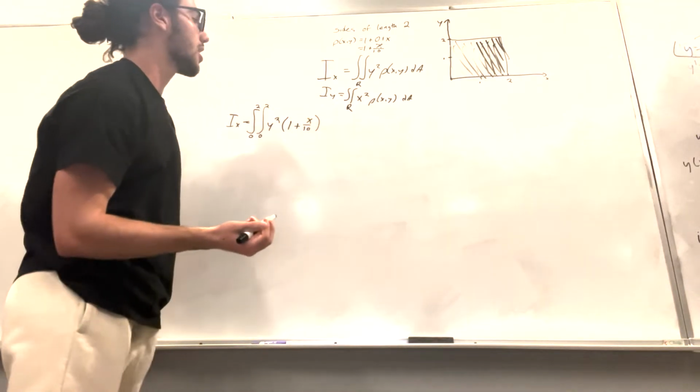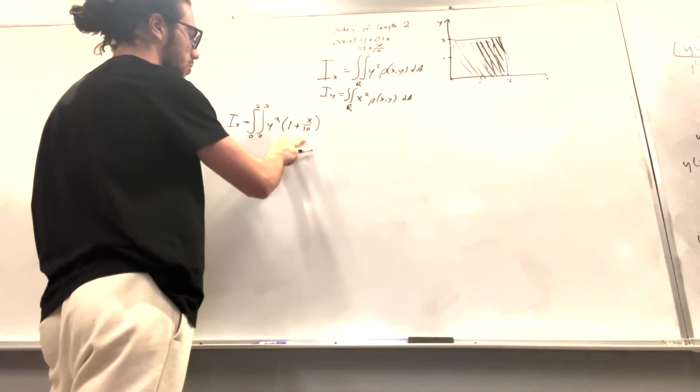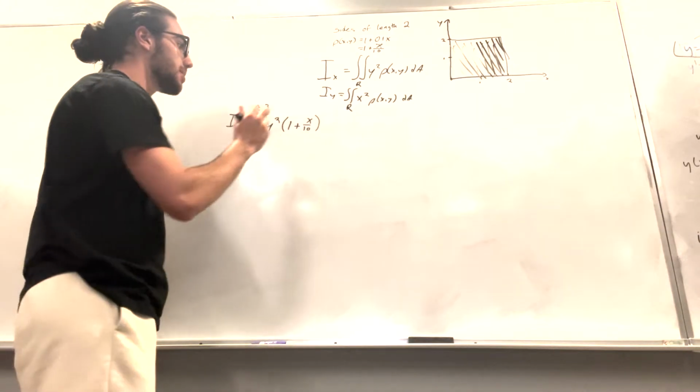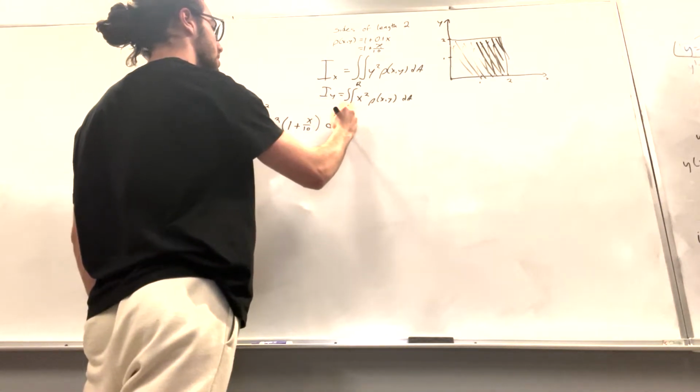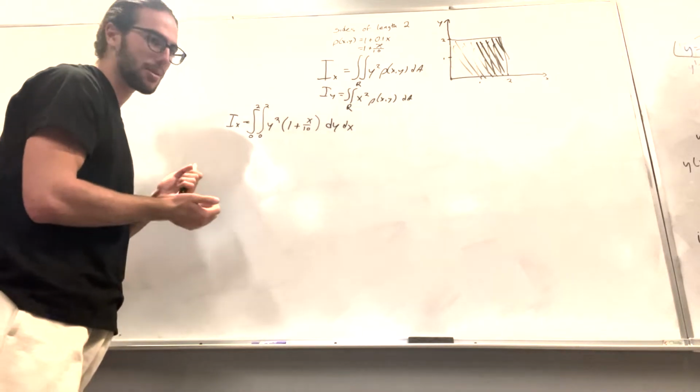And then which way are we going to go first? Well, we can do either way. I'm going to choose to do y first, but it doesn't matter on this one. It might be a little easier if you choose one or the other. I'm not honestly sure, probably x would be easier, but we're going to do it this way.